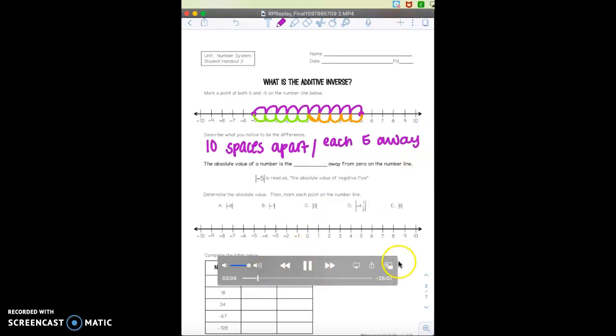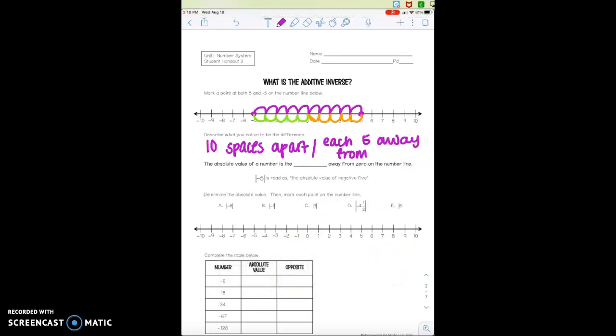I am also going to say that the absolute value of a number is the distance away from 0 on the number line. So the absolute value of +5 is still 5, and the absolute value of -5 is also 5 because they are 5 spaces away from 0.